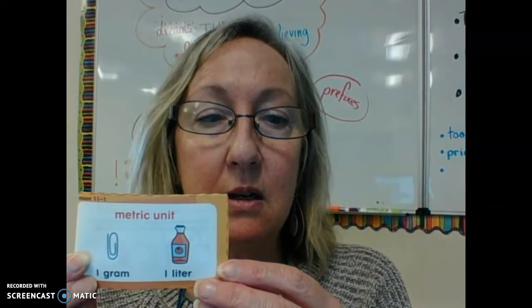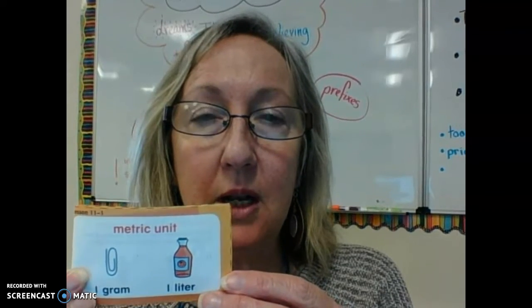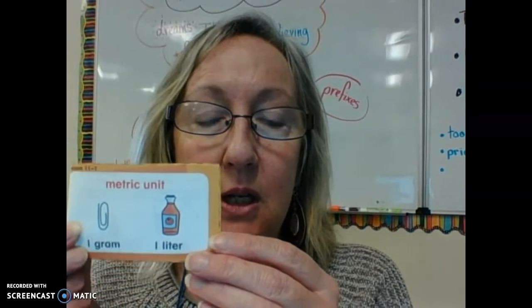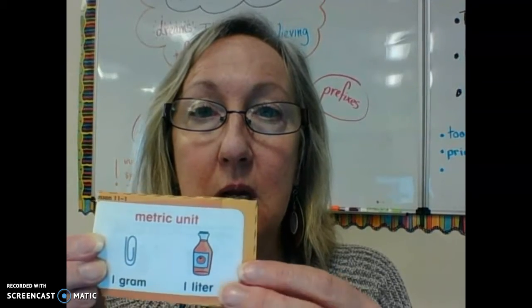Our next is metric unit. What is a metric unit? On our picture, it says a metric unit could be 1 liter or 1 gram. And as you go through this lesson, you're going to find some other things that a metric unit could be. A unit of measure in the metric system.